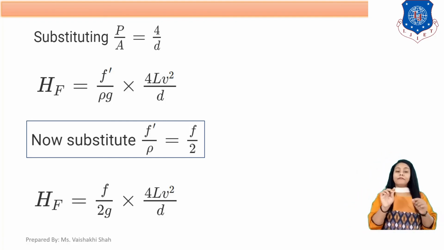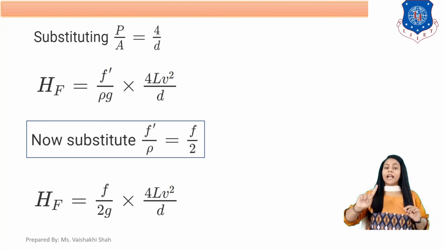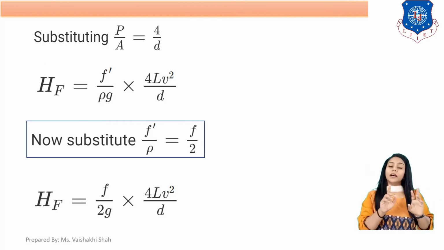Now F dash by rho equals F by 2. This is derived by Froude theory.